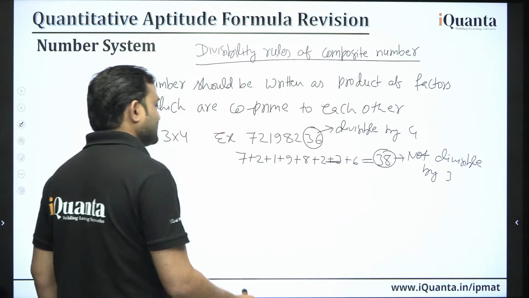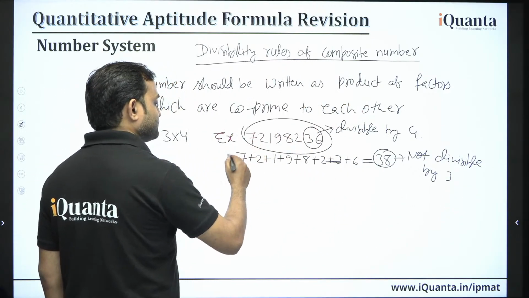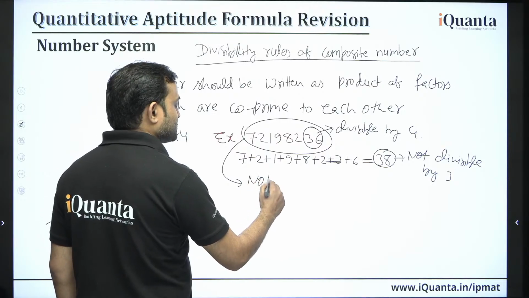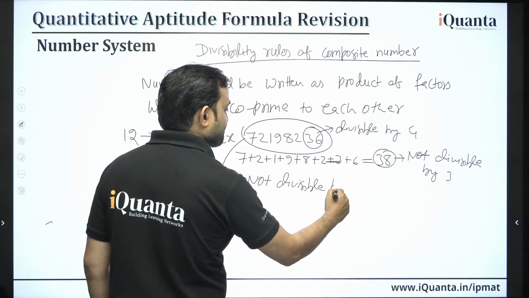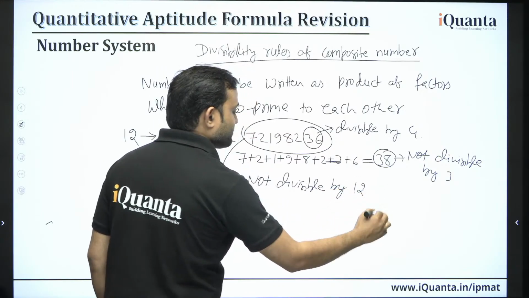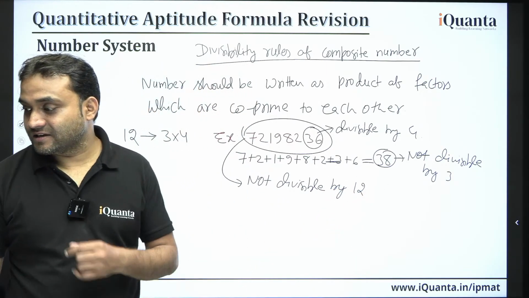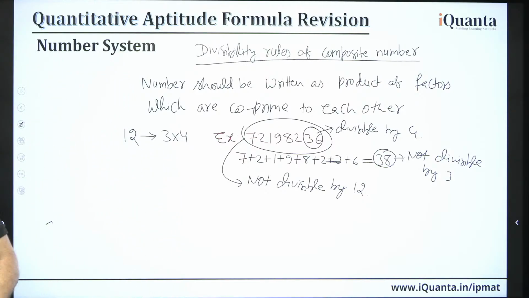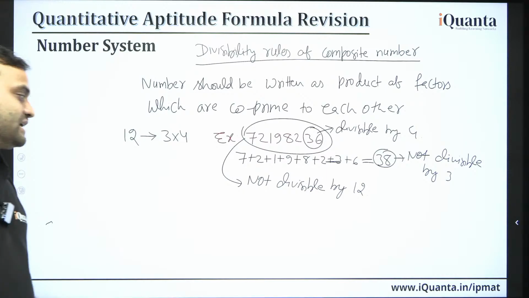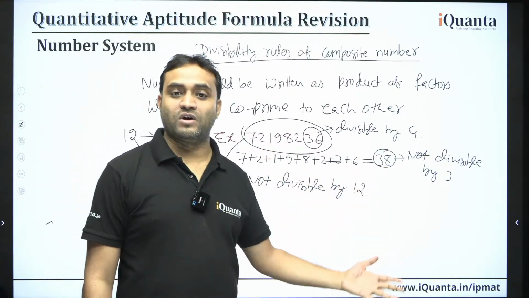So what we can say is this whole number is not divisible by 12. Okay, is that clear? Sum is not divisible by 3. Yes, Pookie, that is correct. If the sum is not divisible by 3, the number is not divisible by 12.